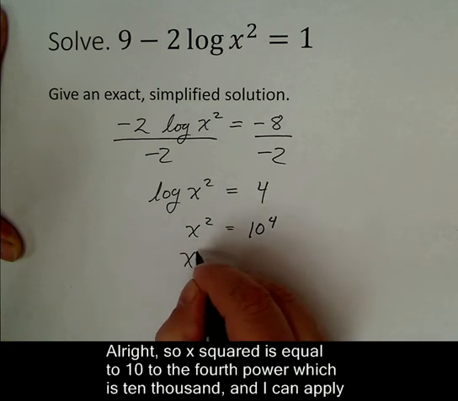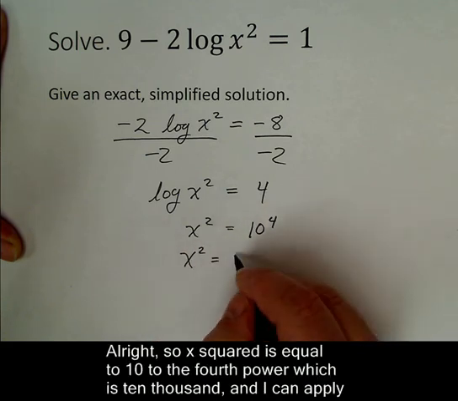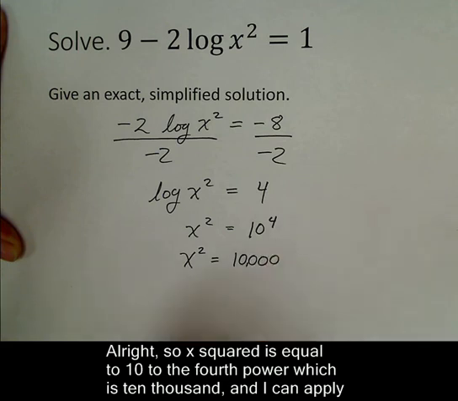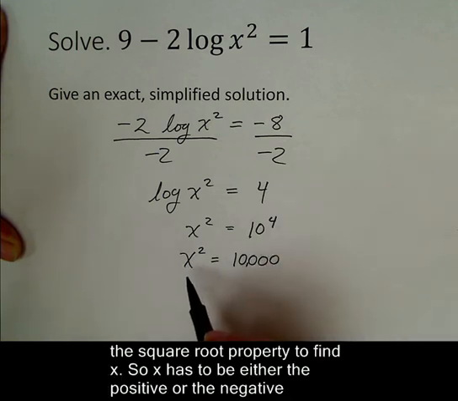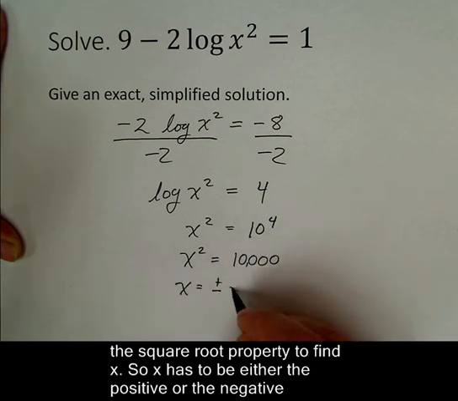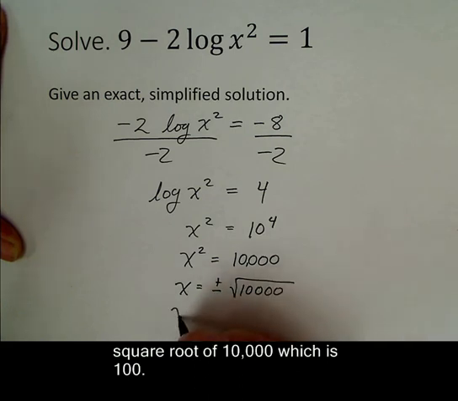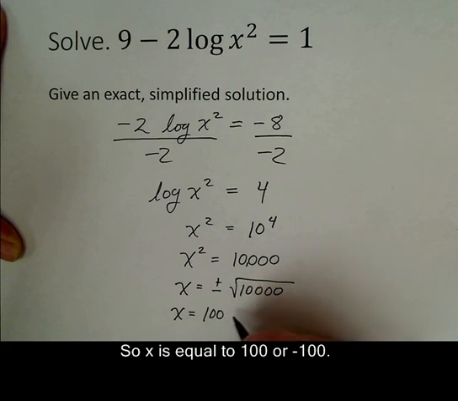All right, so x squared is equal to 10 to the 4th power, which is 10,000, and I can apply the square root property to find x. So x has to be either the positive or the negative square root of 10,000, which is 100. So x is equal to 100 or negative 100.